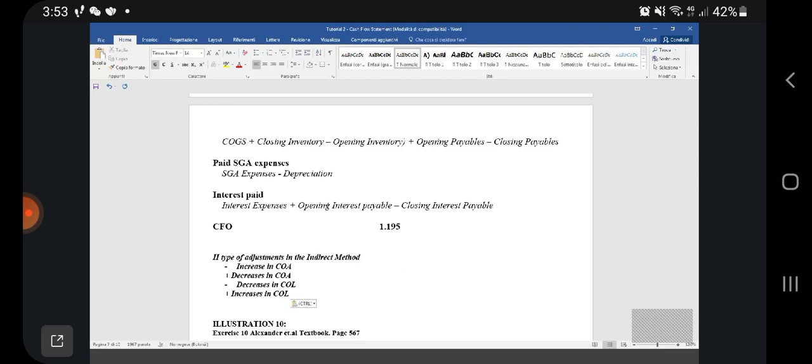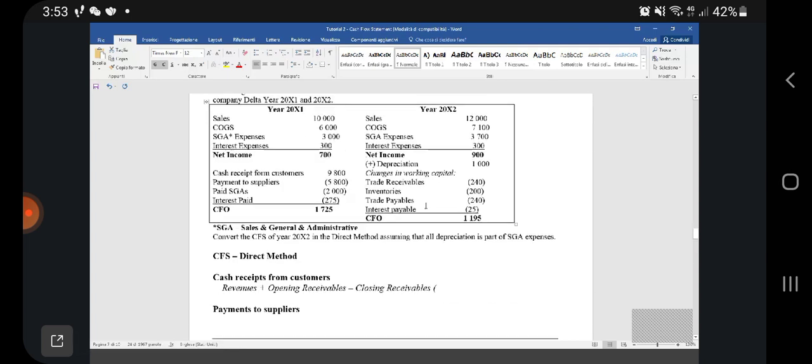Very good. Now, to help you all with the calculations, you here have the second type of adjustments in the indirect method that you need to take into account to properly think about the signs over here. Be careful.